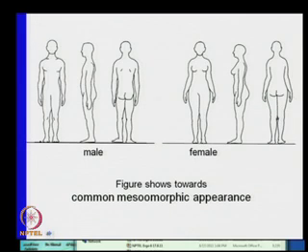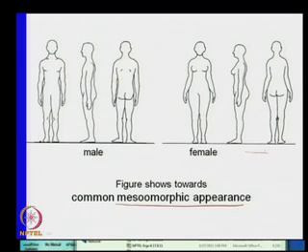Now, if we see the mesomorph, the normal body figure, this figure shows a common mesomorphic appearance. It can be said that it is a squarish type of body figure, limbs are vertically placed, and stand erect, both for males and for females.